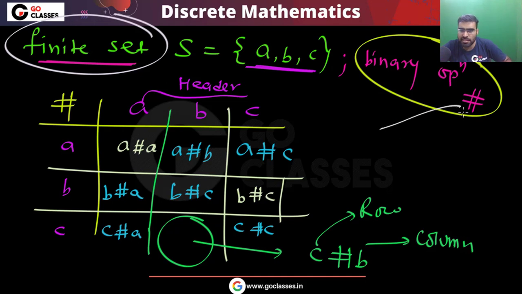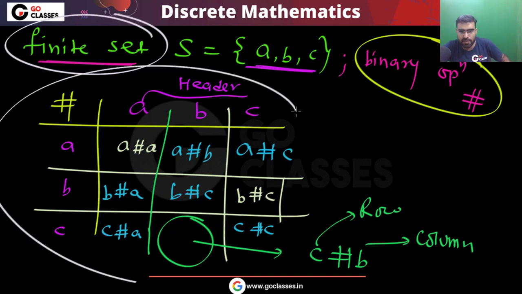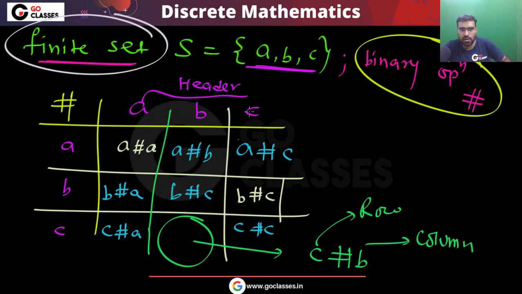This operation can be addition, subtraction, max, min, power, or any operation. Still, this table is called a multiplication table. You can also call it an operation table or a Cayley table. So the point is, you can create this Cayley table for any binary operation on a finite set.